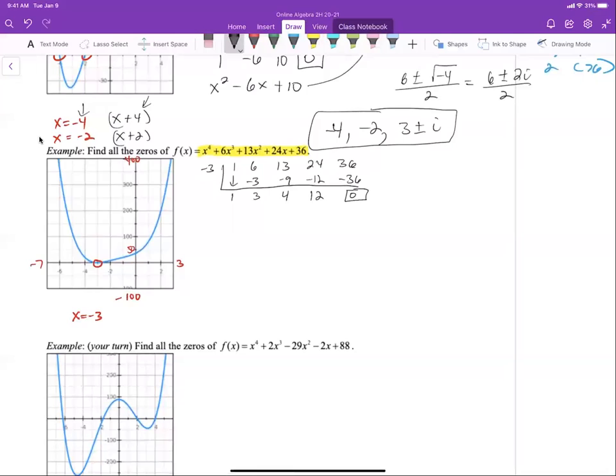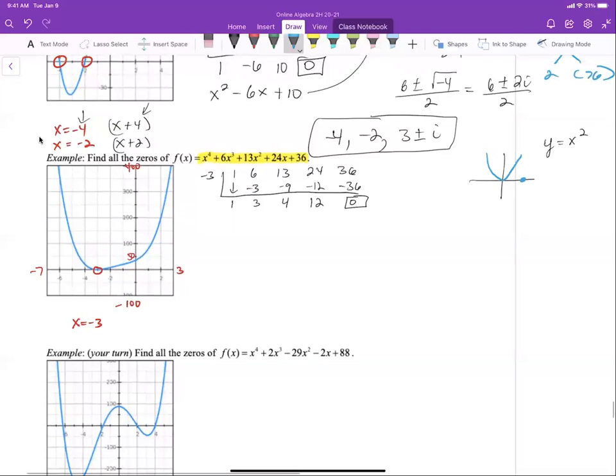Now, I just want to remind you about something. If you recall, when we worked with the function y equals x squared, it was a parabola. It looks something like this, right? And if it had moved over to the left or to the right, we were able to use our translations and dilations. Look at where this one moved. It moved over to the left to -3, potentially.